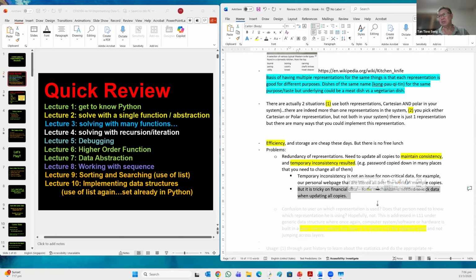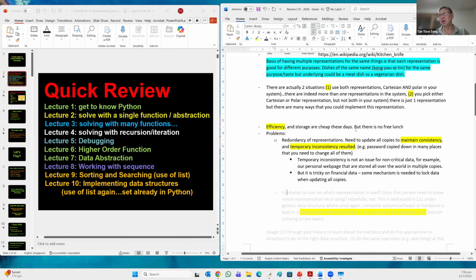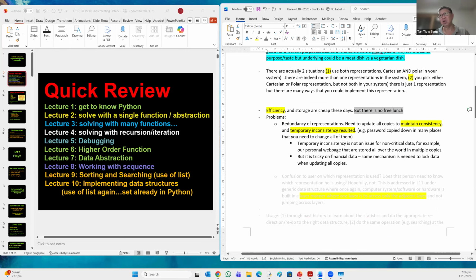But on the other hand, you can have a mechanism to lock your records in the multiple copies, as you will learn in distributed systems. And then you have to update all the copies before you can release the lock. All right, so indeed, there's no free lunch, but there are also mechanisms or solutions or protocols to resolve it.